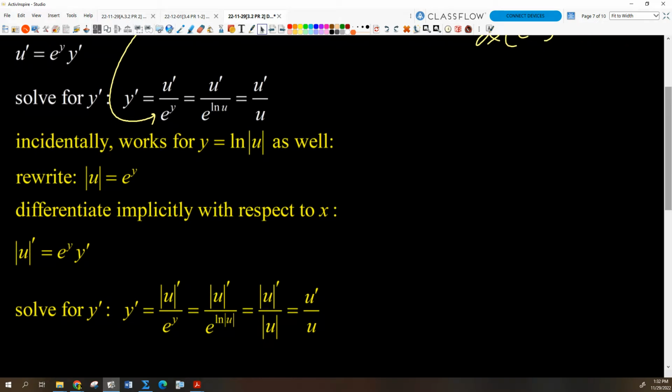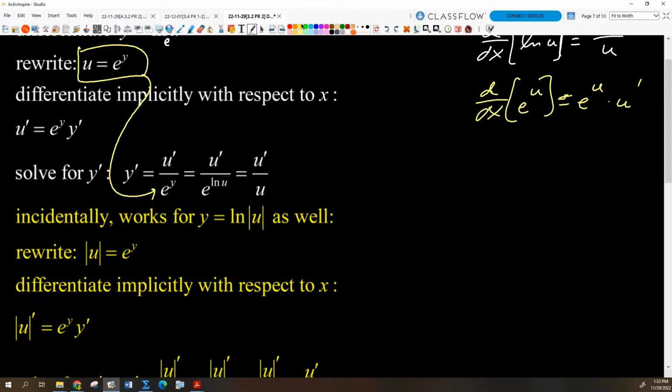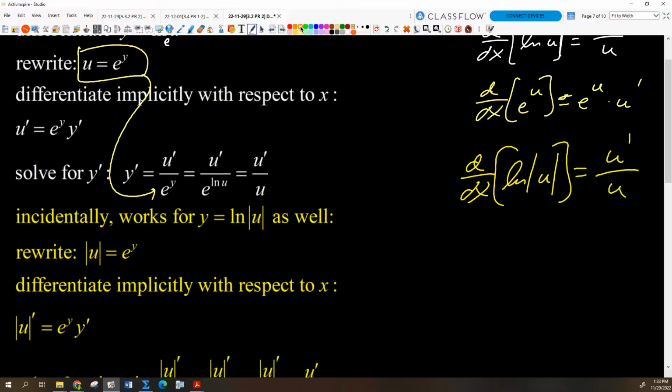Incidentally, sometimes we encapsulate the u in absolute values to ensure that we're inputting a positive value into the log. Turns out that has no impact on the calculus, right? The derivative with respect to x of log of the absolute value of u is still equal to u prime over u.